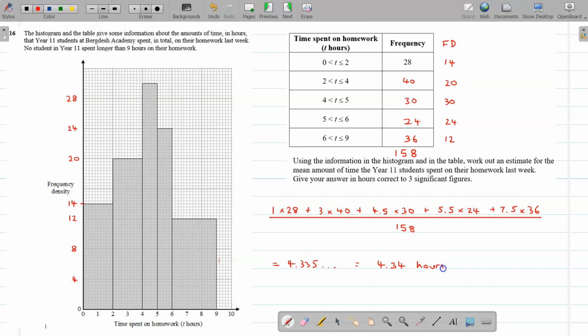Okay, you've got to be accurate with that. They're looking for 4.34. So you've got to do that working out exactly like that.